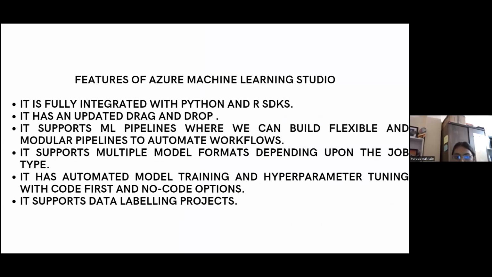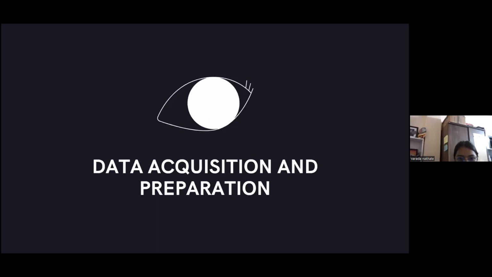It has an updated drag and drop designer and supports ML pipelines, where we can build flexible and modular pipelines to automate workflows. It supports multiple model formats depending upon the job type. It has automated model training and hyperparameter tuning with code-first and no-code options as well. It supports data labeling projects as well.